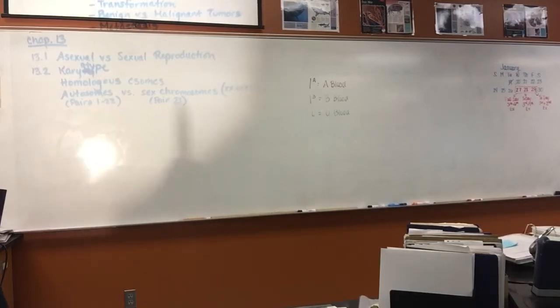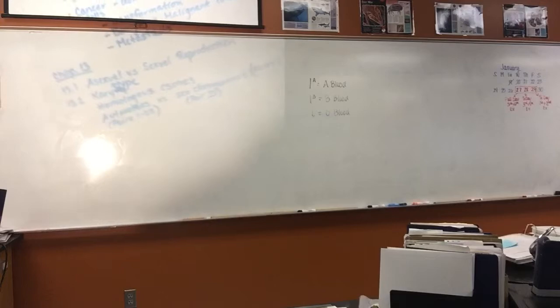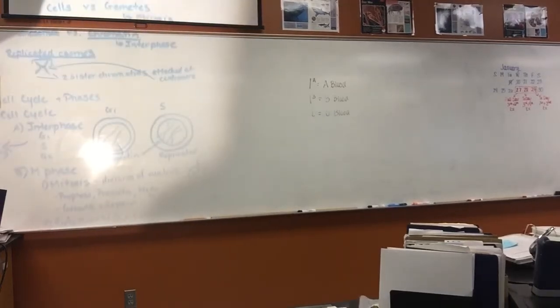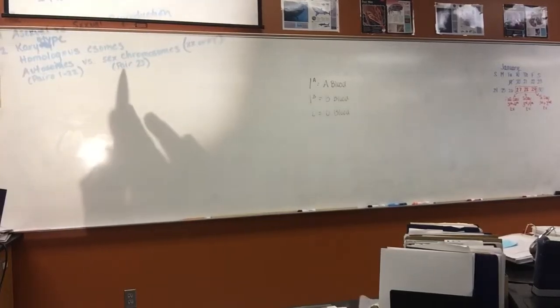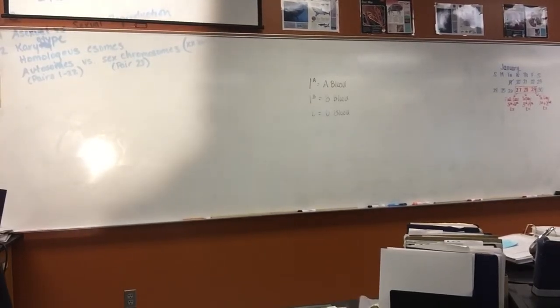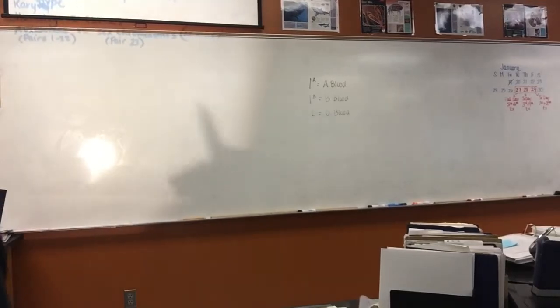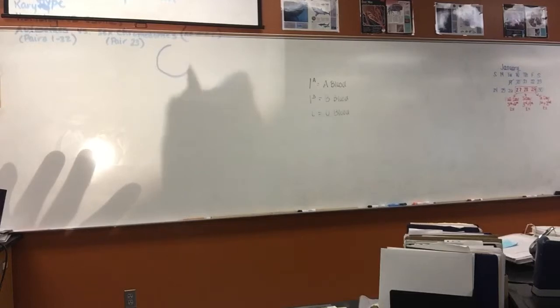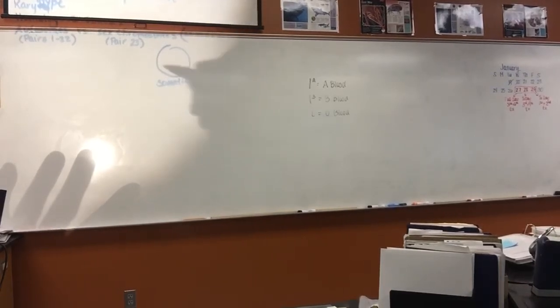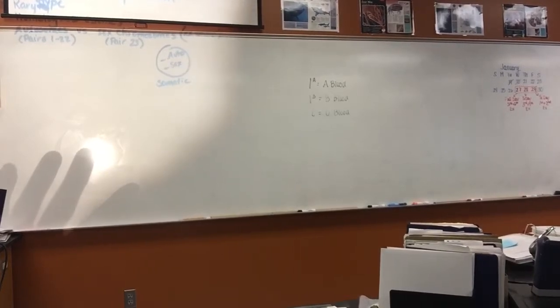A lot of people confuse autosomes and sex chromosomes with, back over here, somatic cells and gametes. Gametes are sex cells, and these are your body cells. Sex chromosomes are the chromosomes within the cells. So for instance, let me just apply this for a second here. In a human somatic cell, how many autosomes do we have and how many sex chromosomes?